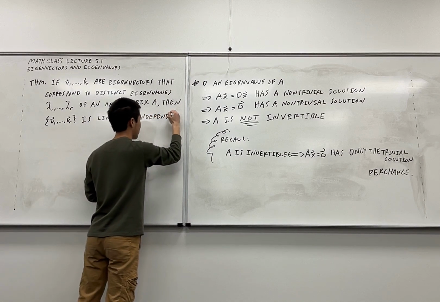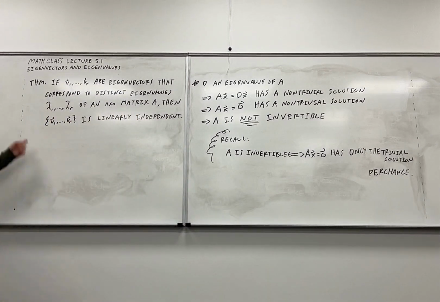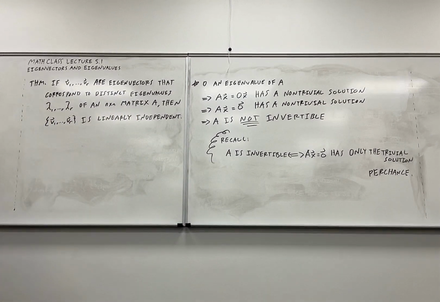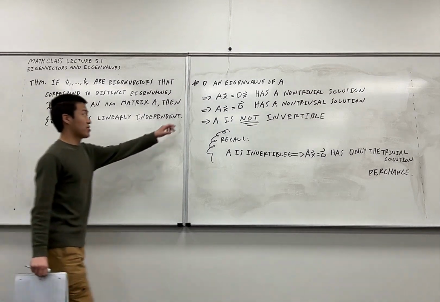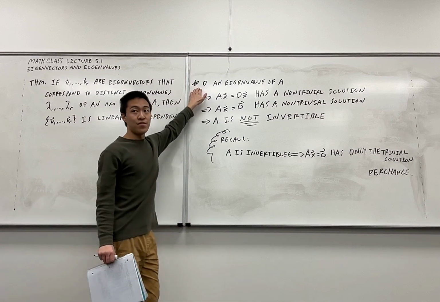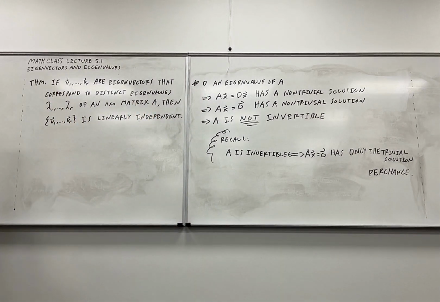Again, the intuition and blueprint for the proof here is couched in this invertibility language, in the invertible matrix theorem. But yeah, this is a big one though. If you can find out that 0 is an eigenvalue, then your matrix is not invertible.